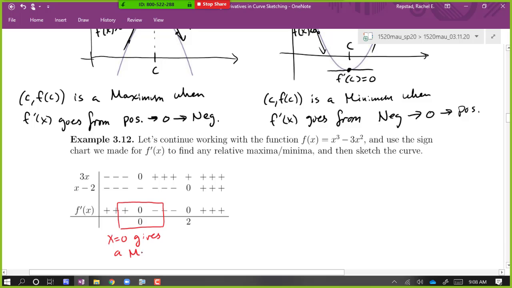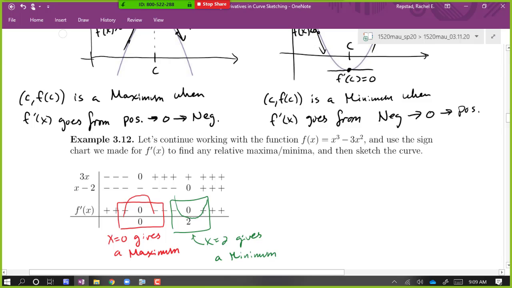Maximum? It's right, it's increasing, it levels off, it's decreasing. Then the other side here, at x equals 2, what does that give? A minimum. Yeah, because it's decreasing, it levels off, and then it's increasing.